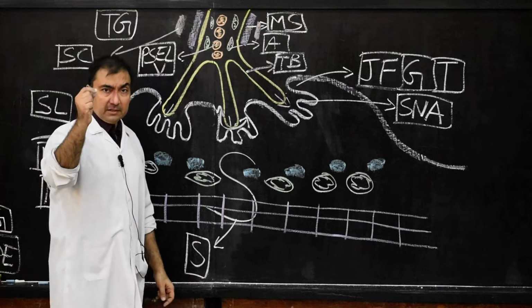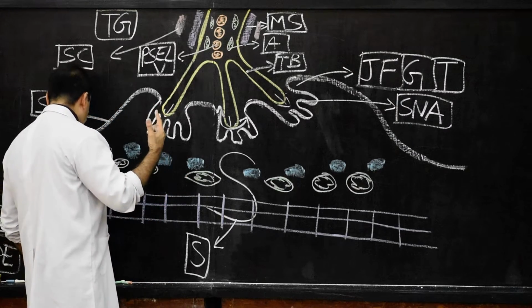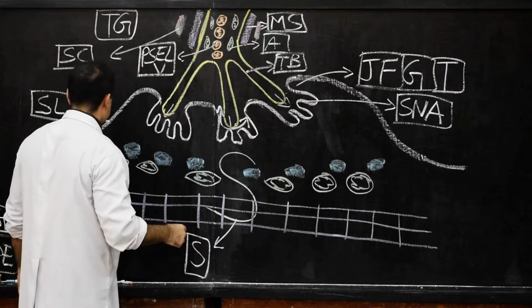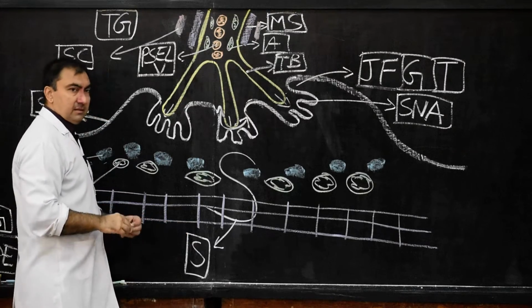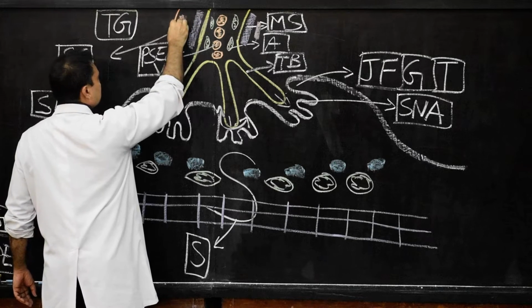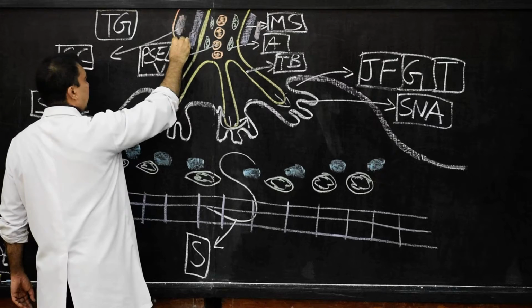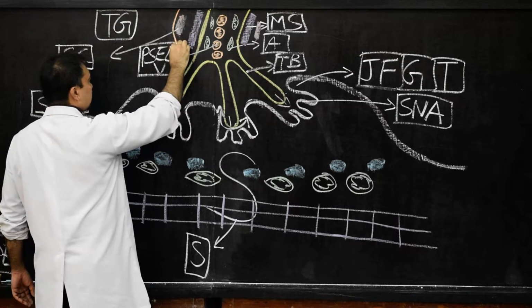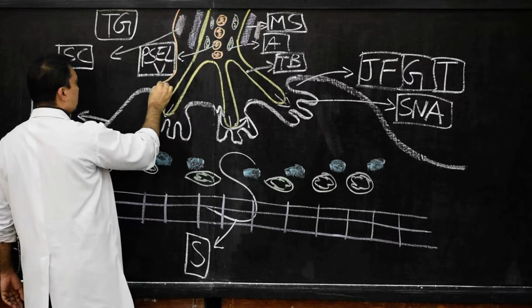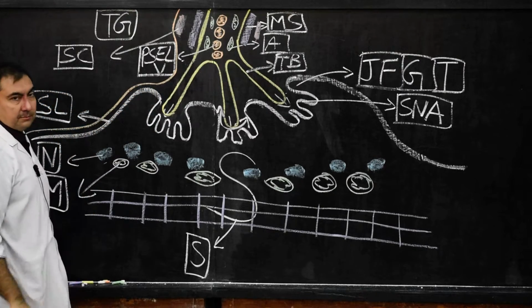Now there is only one continuation in this neuromuscular junction, and what is that continuation? If I draw with orange color, the covering of the axon, which is known as the endoneurium, will continue with the covering of a muscle fiber, which is known as endomysium.